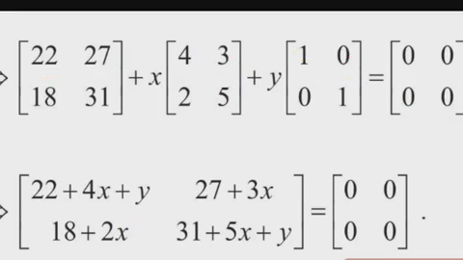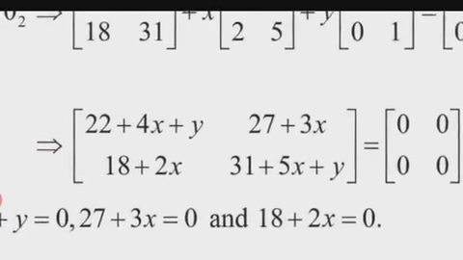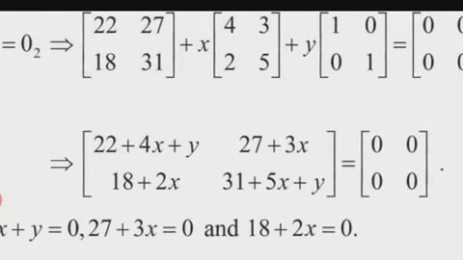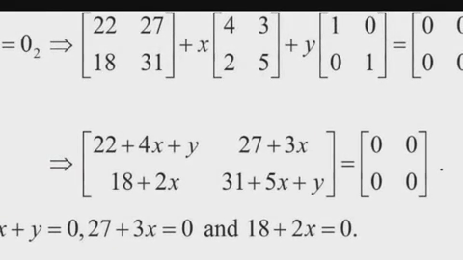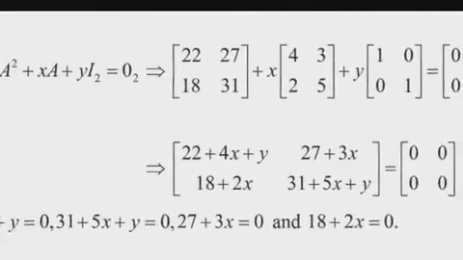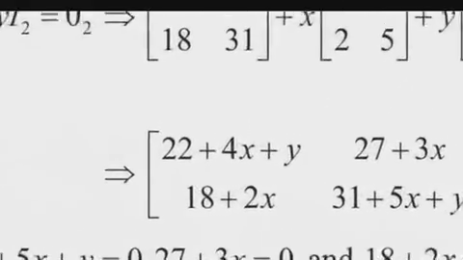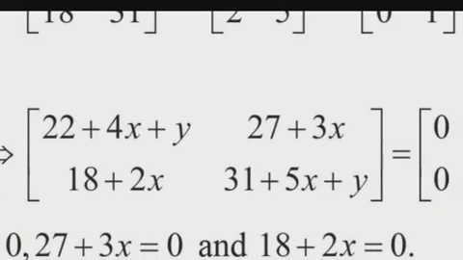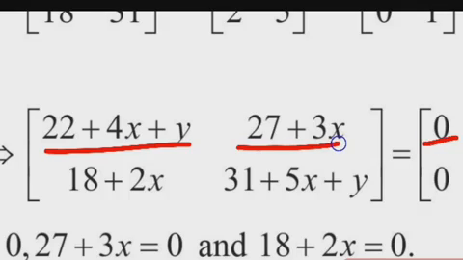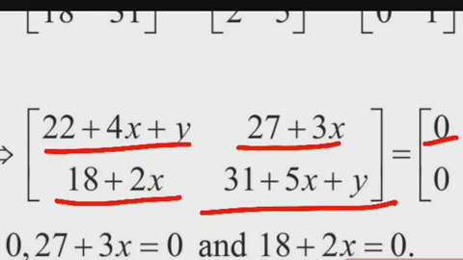Next we take these as equations. We know that if two matrices are equal, then the corresponding elements are equal. So equating the corresponding elements: first equation, 22 plus 4x plus y equals 0. Next 27 plus 3x equals 0. 18 plus 2x equals 0. 31 plus 5x plus y equals 0.